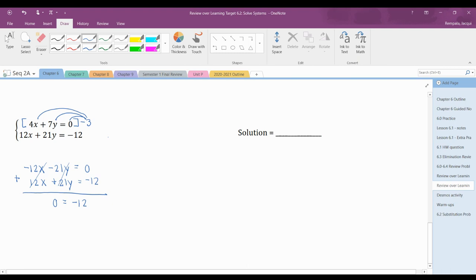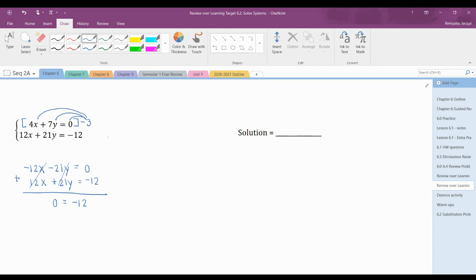So notice that in this problem, all of my variables disappeared, which means that my solution cannot be an ordered pair. If I don't know what x equals or y equals because we lost both of those variables, we're not going to have an ordered pair, but instead we'll have either no solution or we'll have infinitely many. Now in this case, because I have 0 equals negative 12, if it's a true statement, we'll have infinitely many solutions.